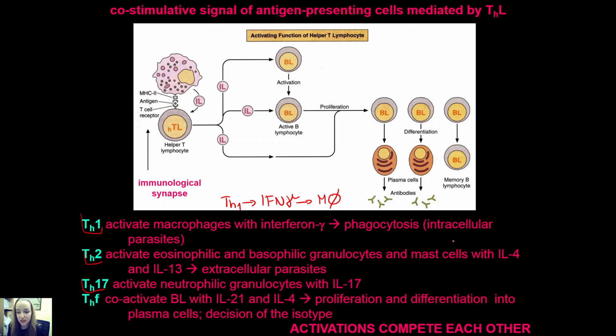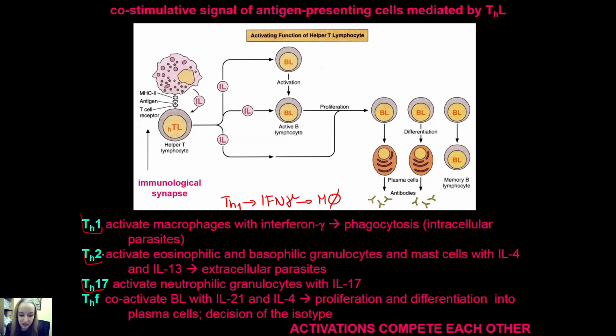TH2 will produce interleukin 4 and 3, and that will activate eosinophils and basophils, because there are some kind of parasites in our body, so we need to fight a parasitic infection. These activations are important because they compete with each other.